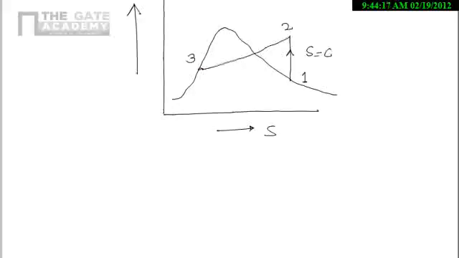At 3 we are at the state of saturated liquid. 3 to 4 is nothing but a constant enthalpy process, or we can say that it's an irreversible process.